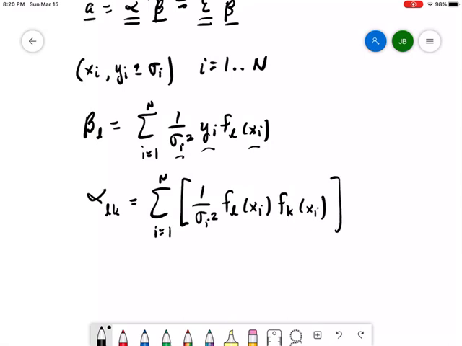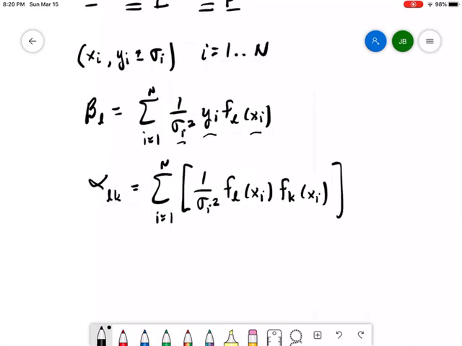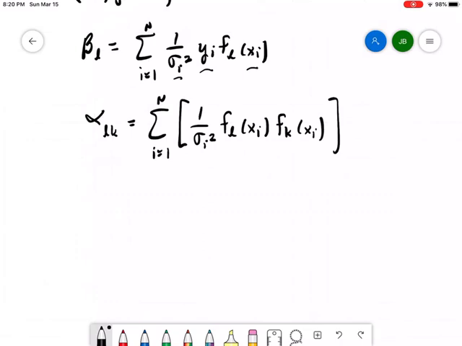Alpha doesn't have any y dependence at all, but if we know the functions f, and we know the x values and sigma values, then we just evaluate the sum and we can calculate every single element of alpha. Then we invert it to get the error matrix, and the error matrix times beta tells us our best fit parameters.